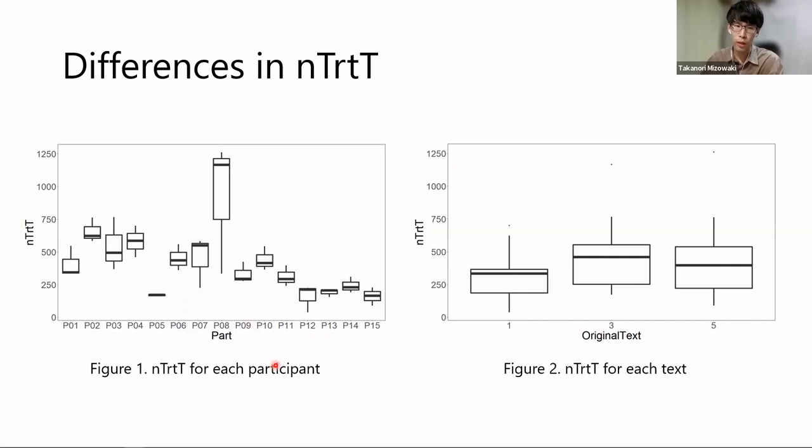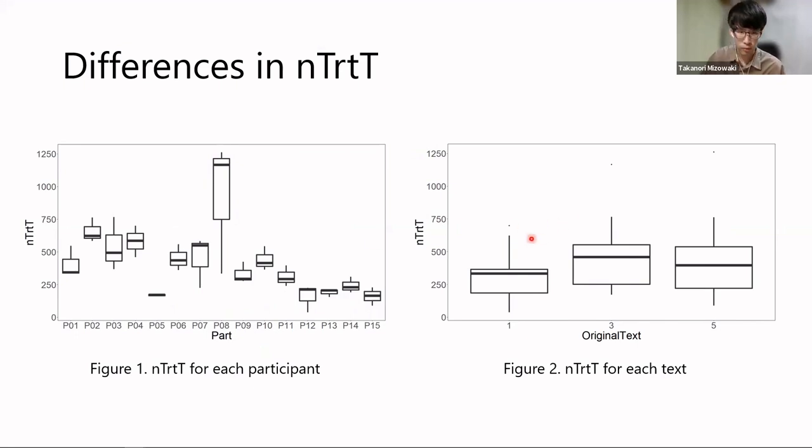For example, the participant named P08 tends to spend more time reading the target segments than P05, P12, P13, and P15, who read the target segments in relatively short time. The reading time differs among the participants, which should be considered in the statistical analysis.